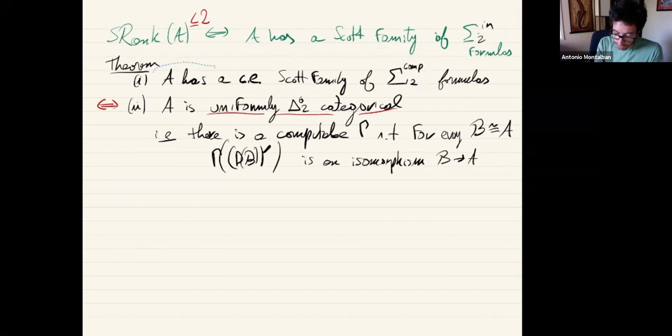So this is kind of like having effective Scott rank less than or equal to 2. And now that's the same thing as having this, and that's the case alpha equals 2 from the theorem, because these are the functions of Baire class 1.